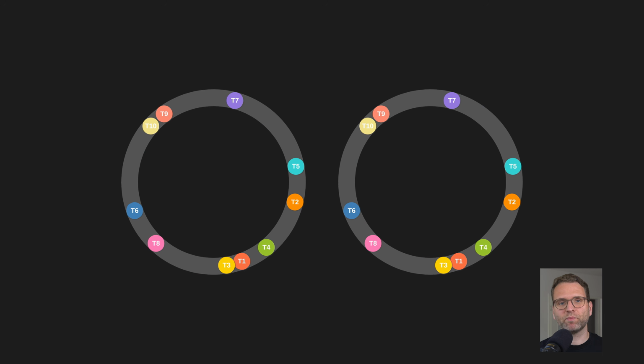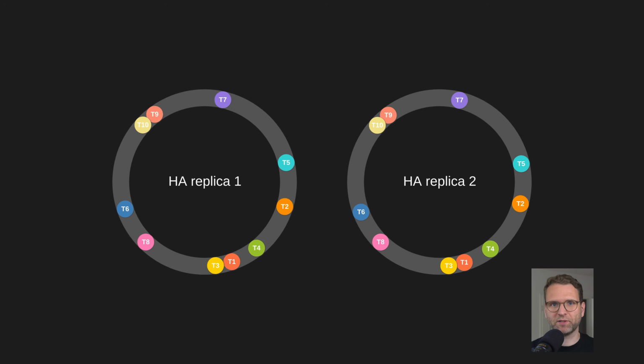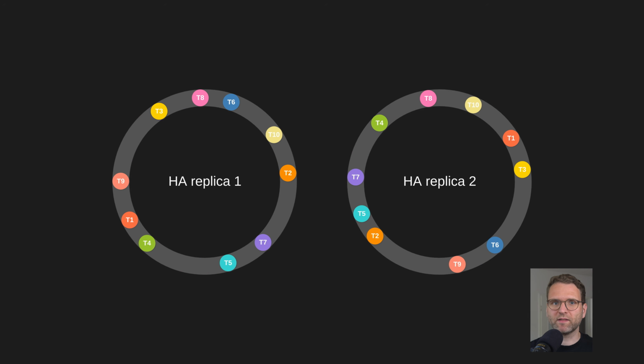Now, if you have multiple HA replicas of the same Prometheus server, those replicas could still be scraping equivalent targets at the same time. So to prevent that as well, Prometheus takes a hash of its own global server labels and combines them with the individual target's hash. And since the global labels should distinguish HA replicas from each other, each HA replica then scrapes the same targets at different times within the scrape interval.